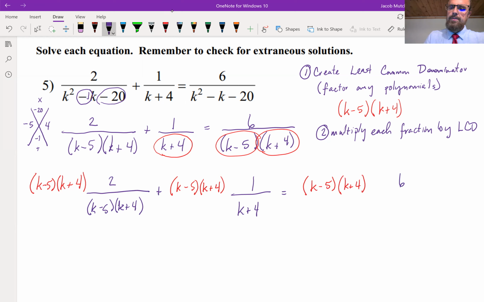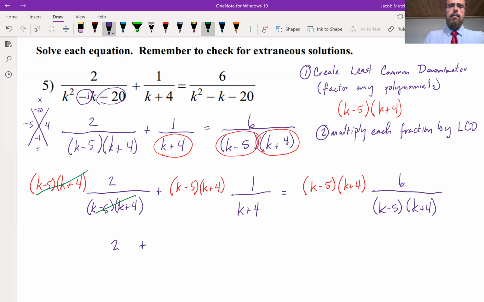And that would be times 6 over that same pair of binomials. So got it set up, and what we're ready to do now is, again, cancel. So I see in this first fraction, everything is going to cancel. I share both those factors in my multiplication and in my denominator. So all that's going to emerge from that fraction is the numerator 2.